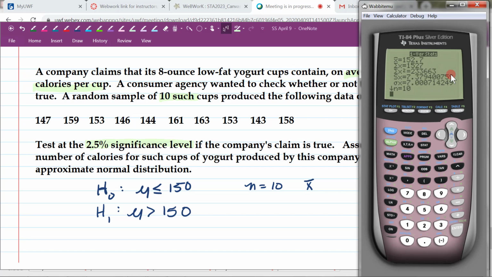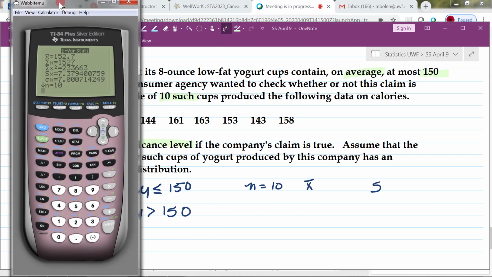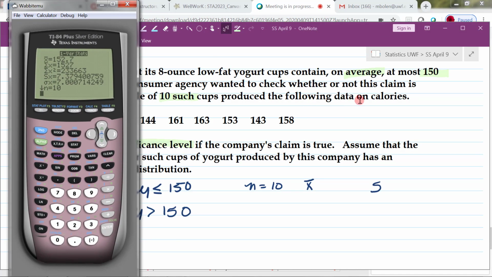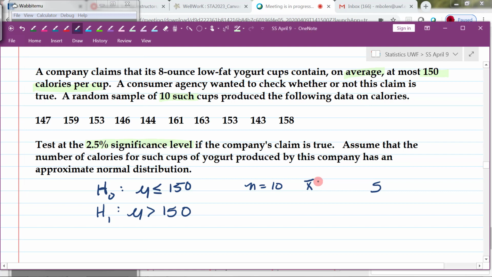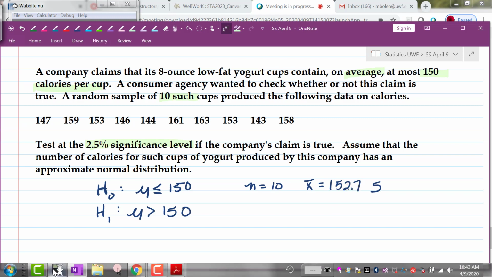So now we're going to write down our summary statistics. It says that my X bar is 152.7. So let me come over here, and it says X bar equals 152.7. Let me bring it back up to check.